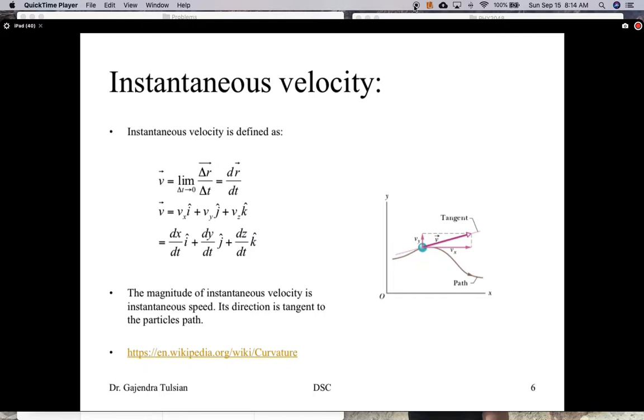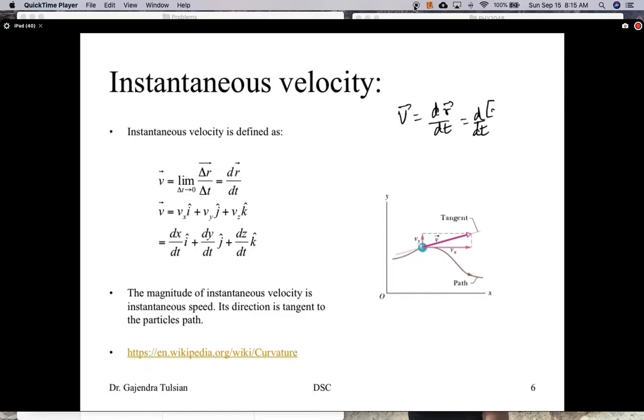Okay, what we are interested in mostly is instantaneous velocity. Instantaneous velocity is the average velocity in the limit delta t going to 0. And that, as you learned in your calculus classes, is the time derivative of the position vector. So v is dr by dt, which is d by dt of x(t) i plus y(t) j plus z(t) k.